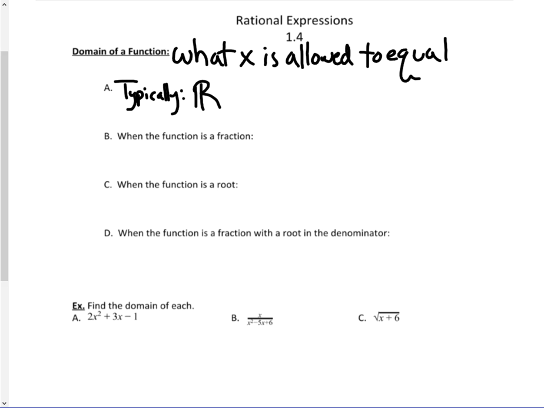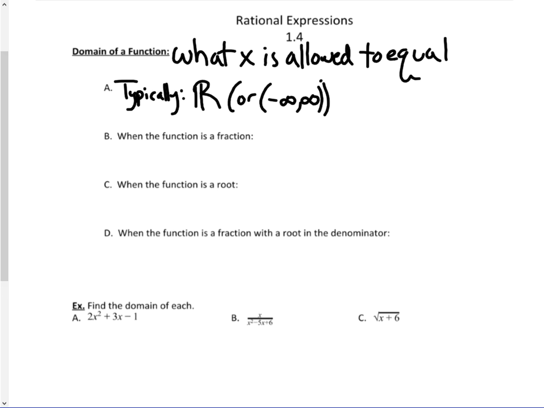Kind of like the paragraph symbol in English, but this time it's an R. That means all real numbers. In interval notation, that is from negative infinity to infinity. Notice in interval notation that we used open parentheses here, because we cannot actually ever reach infinity.